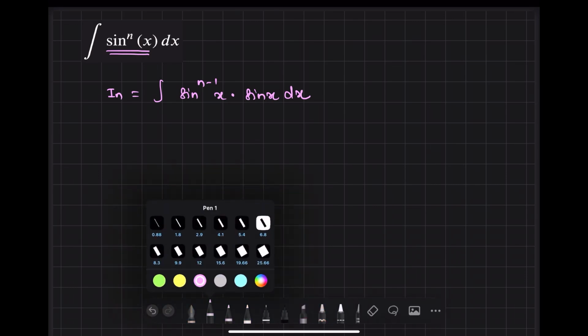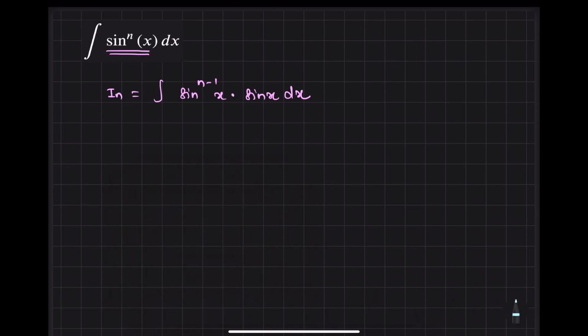Now try to recall your integration by parts idea. Over there we used to take one function as the first function and another as the second function, but we made sure that if differentiation is easy, we take it as the first function. If you observe sin x, its integration as well as differentiation are both easy.